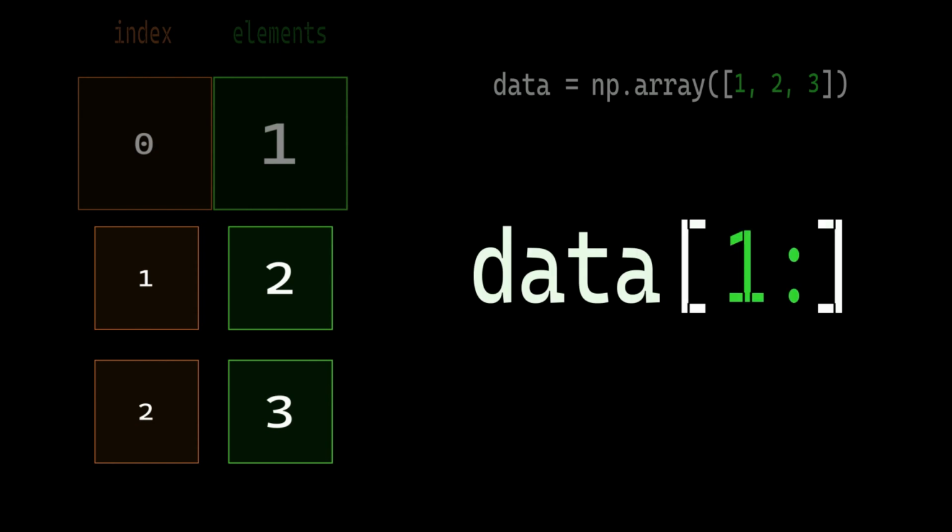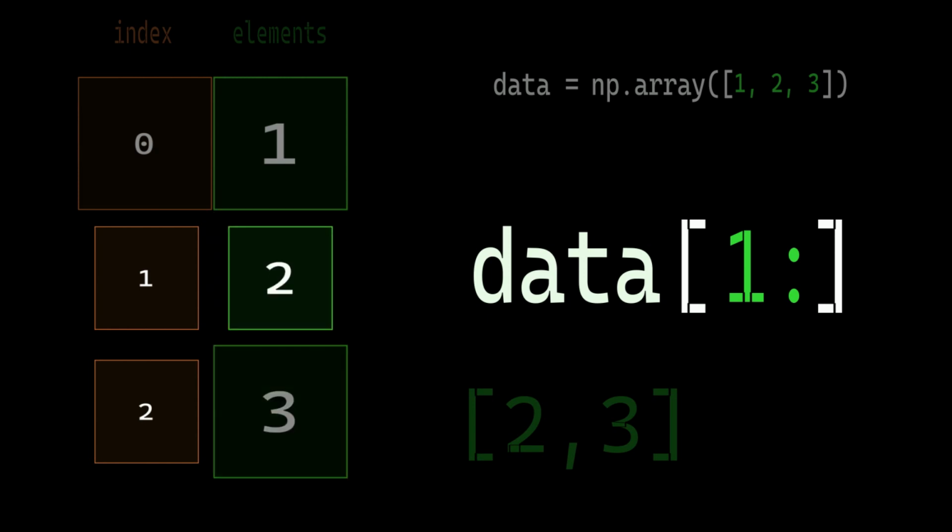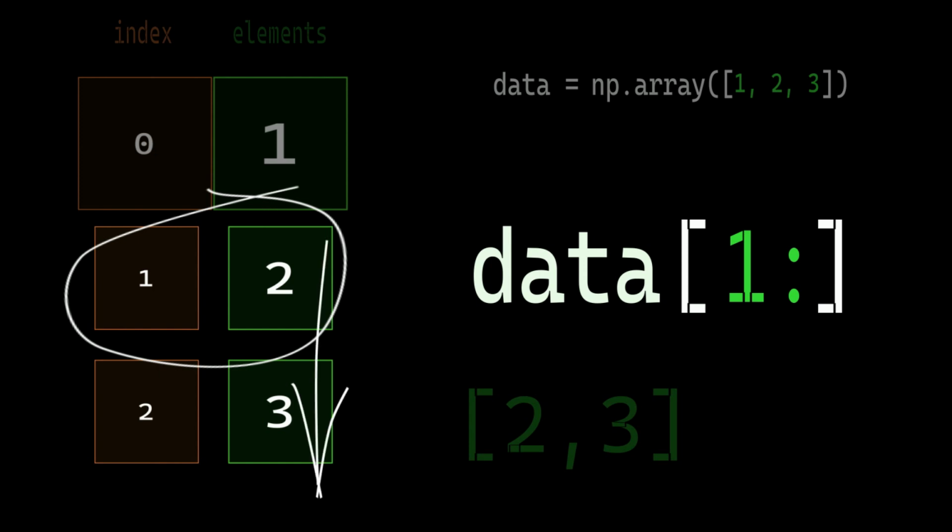As a result, we create a new array or sequence containing elements starting from index 1 inclusive to the end of the array.